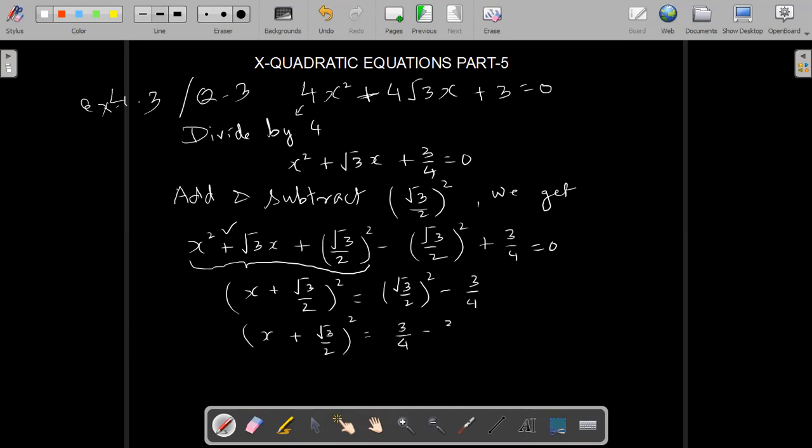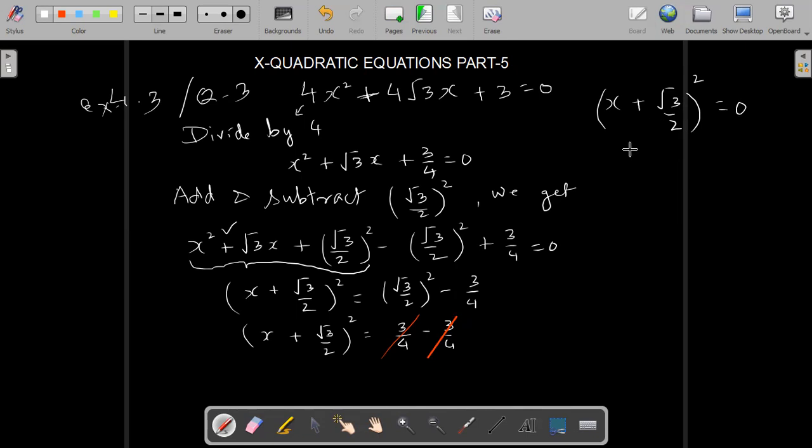So 3 by 4 minus 3 by 4, that is 0. Both will cancel. So on the right hand side we are getting 0. So we are left with x plus root 3 by 2 whole square is equal to 0.